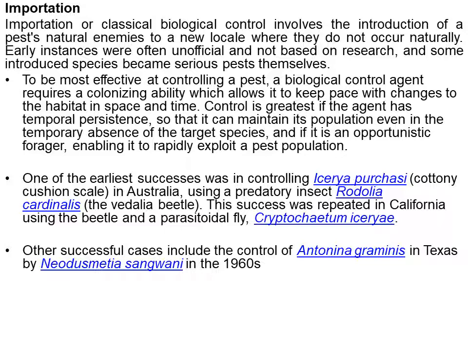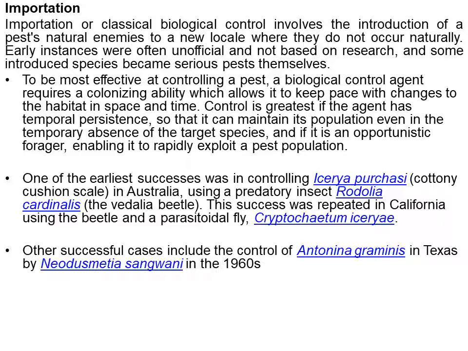One of the earliest successes was in controlling Icerya purchasi, the cottony cushion scale, in Australia using a predatory insect, Rodolia cardinalis, the Vedalia beetle. This success was repeated in California using the beetle and a parasitoid fly, Cryptochetum iceryae.